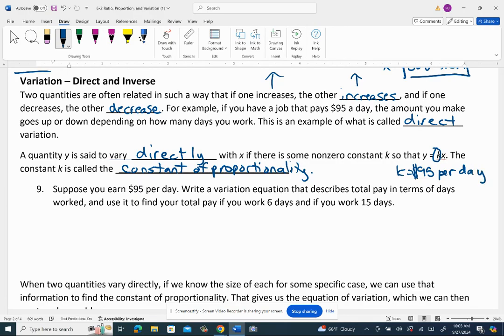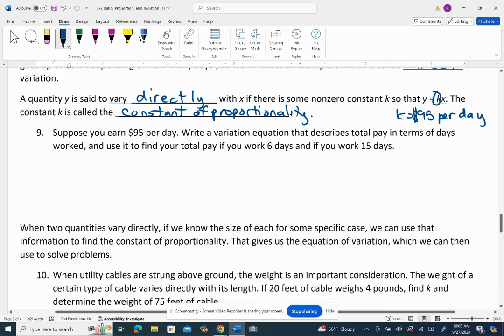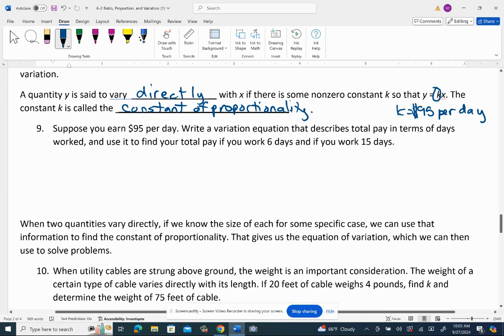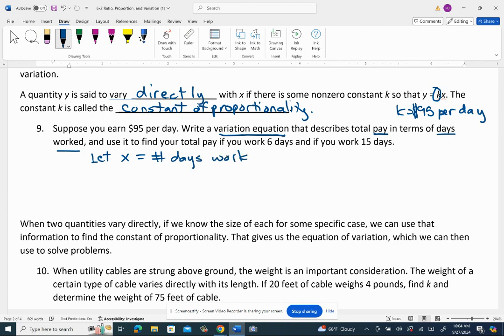Let's look at what we can do with something like that. Suppose we earn $95 a day. We want to write a variation equation that describes the pay in terms of the days worked. I'm going to let x equal the number of days worked, and y equal the pay.